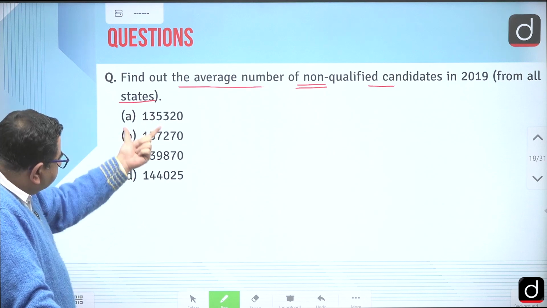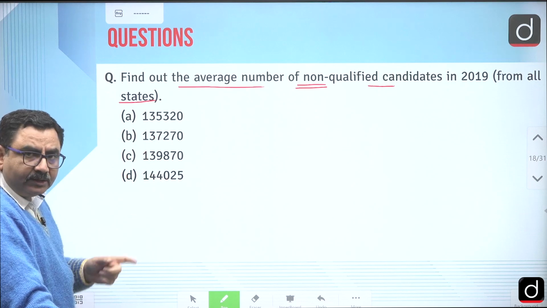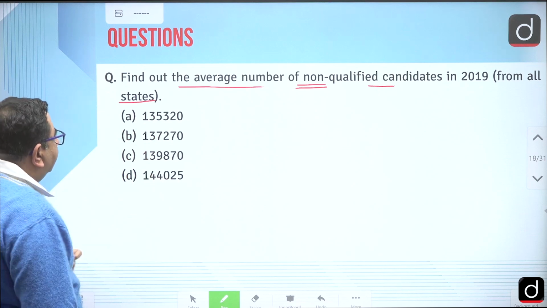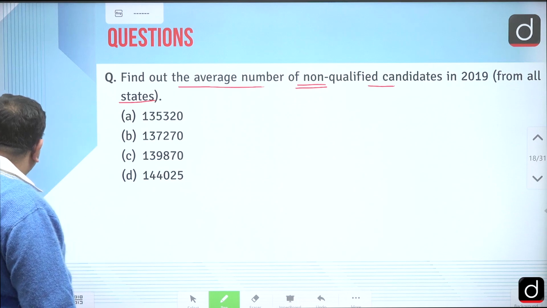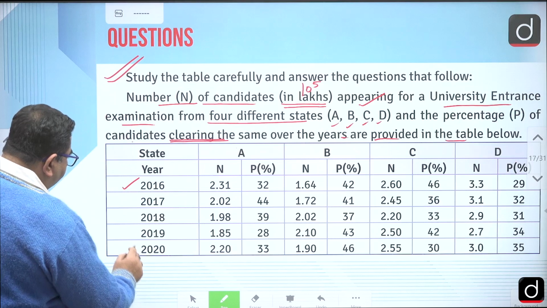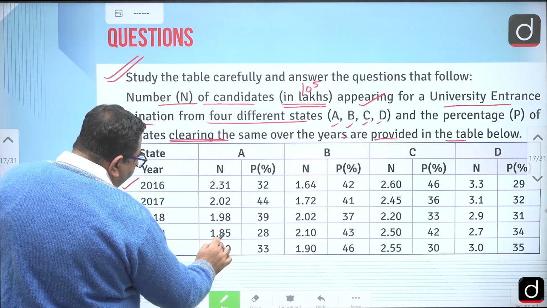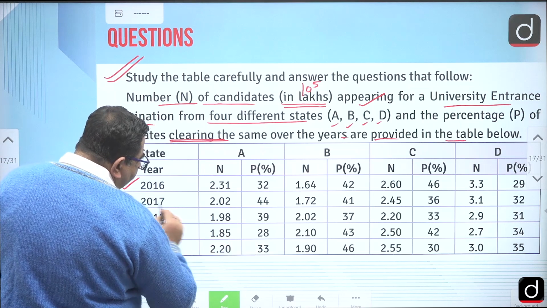We just have to do some calculation in this, and we'll see how we can do it. Non-qualified in 2019: in the year 2019, this is 1.85, this is 28%.